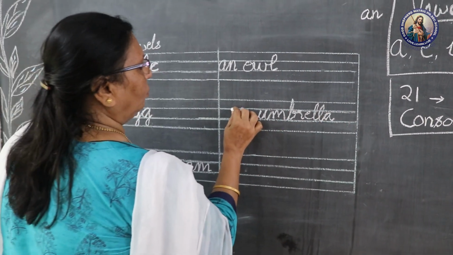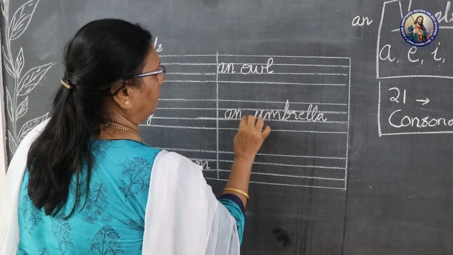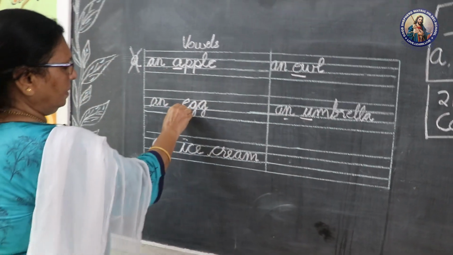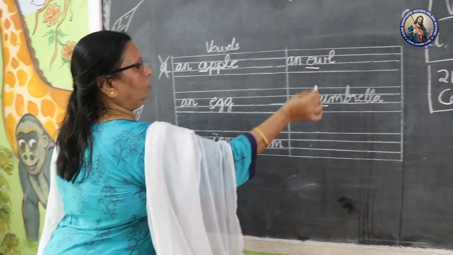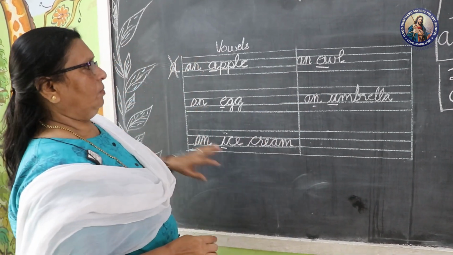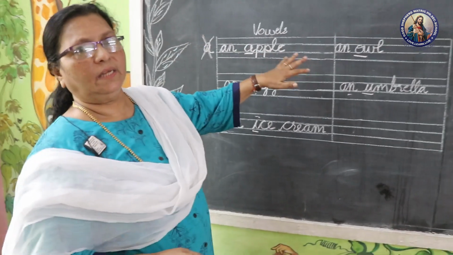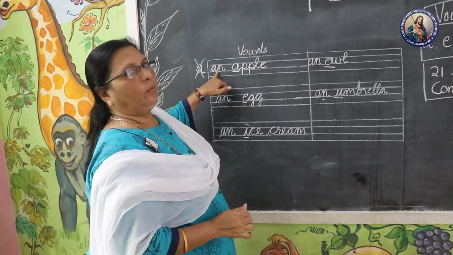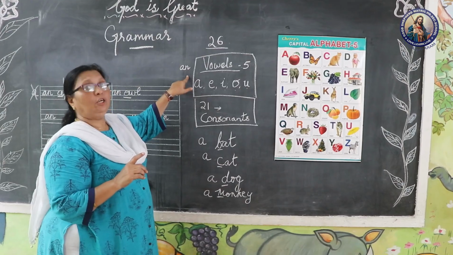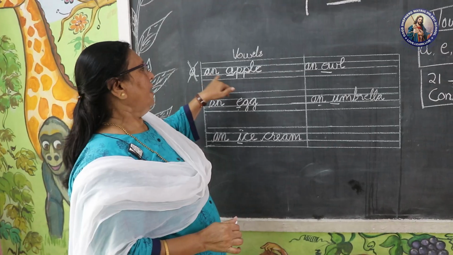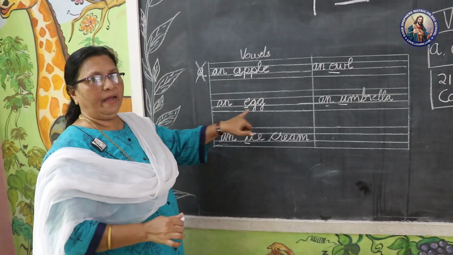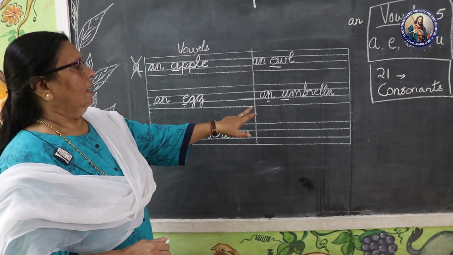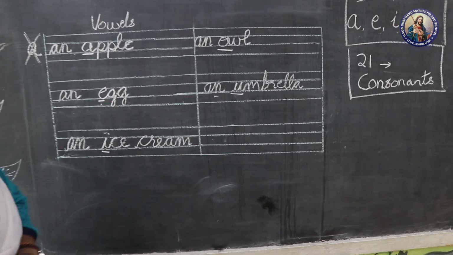I'm sure all of you know what will come here. So, A, E, I, O, U, 5 vowels. Any word that starts with these 5 vowels will start with an for a singular word: an apple, an egg, an ice cream, an owl, an umbrella.